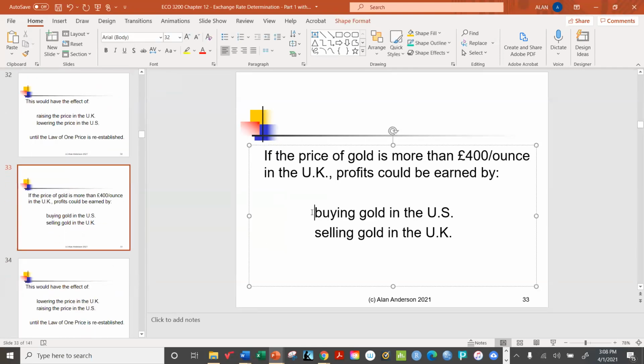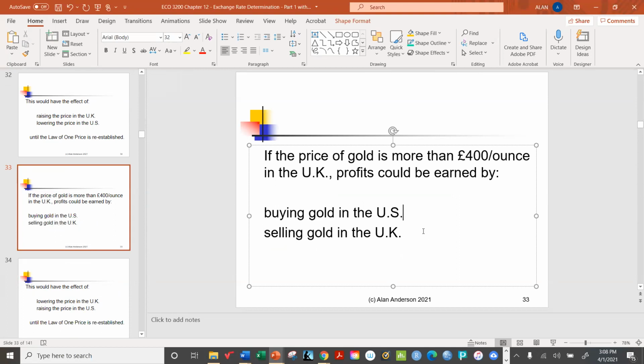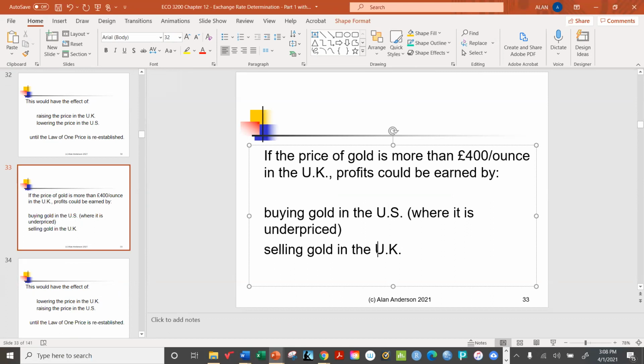Now here, if the gold sells for more than 400 pounds per ounce, we'll buy the gold in the US where it is underpriced and sell it in the UK where it is overpriced.